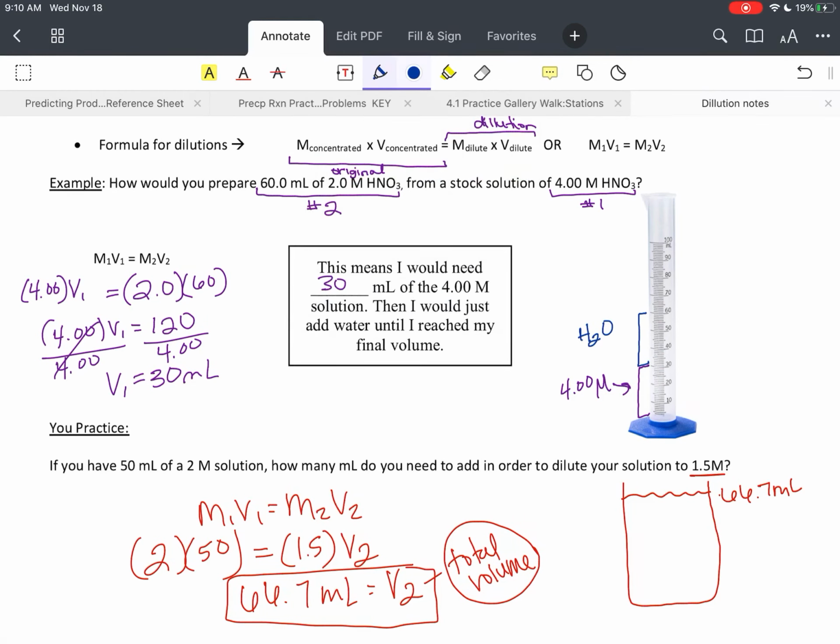If I started with 50 of my 2 molar solution, that means that the remaining amount is going to be water. So it's the difference between what I started with and what I'm ending with. You can think of 1 as your start, and 2 as your end value, if that helps.